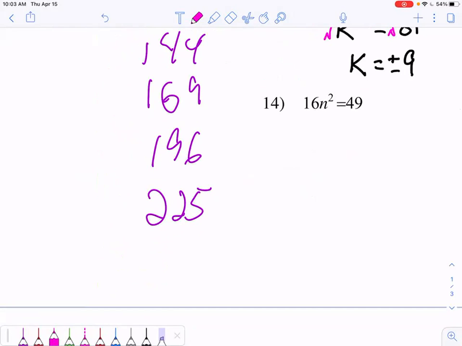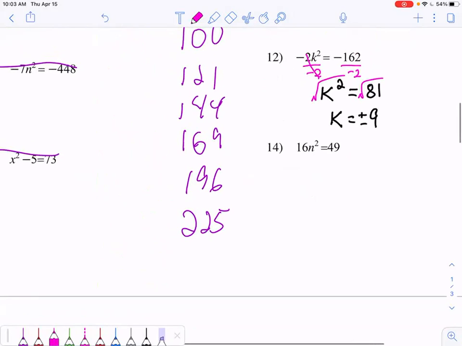TJ, what would we do for 14 here? Divide, good. So when you divide, what do you get? Does that work out evenly?